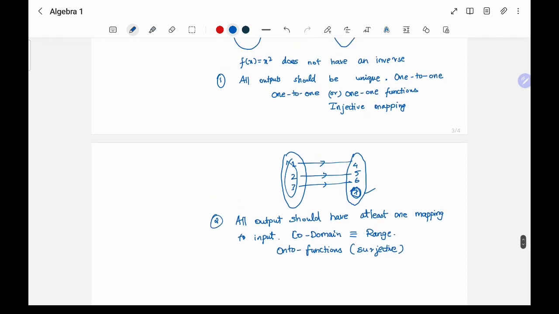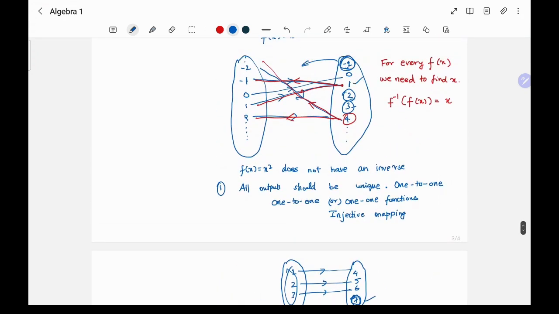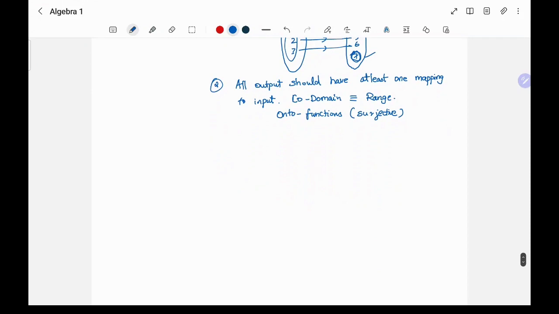So if a function satisfies both of these conditions, then we satisfy all the conditions for the inverse to exist. So the inverse exists if the function is one-one and onto.